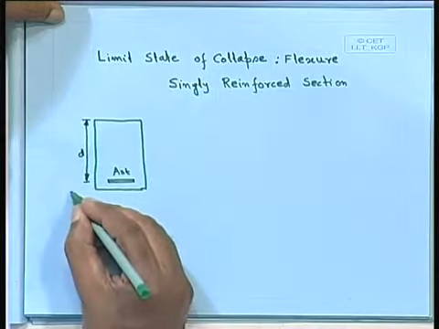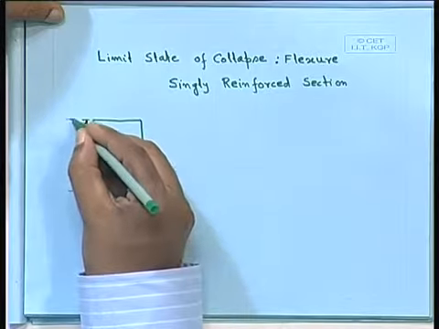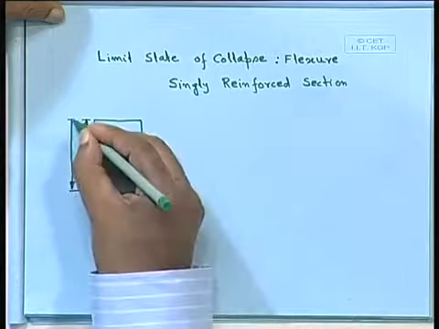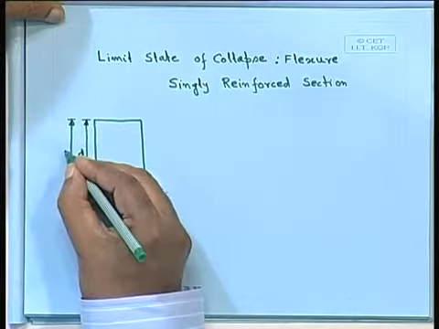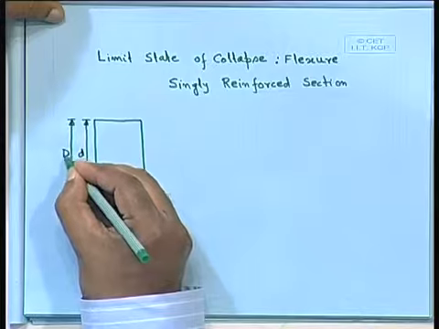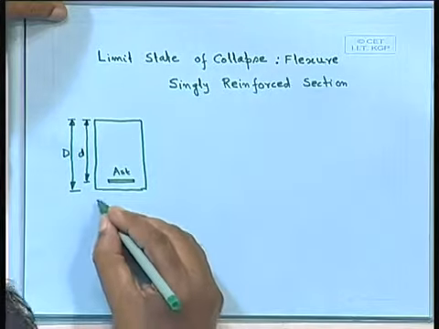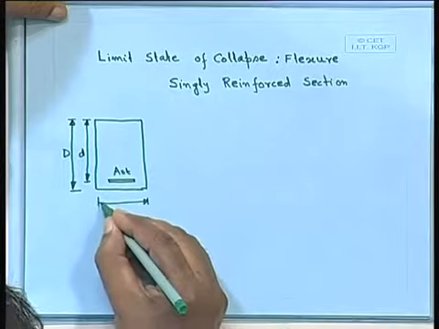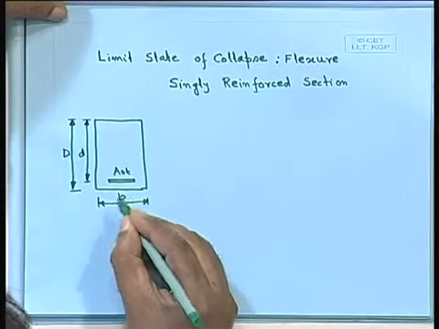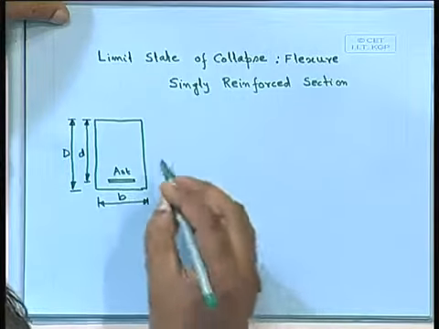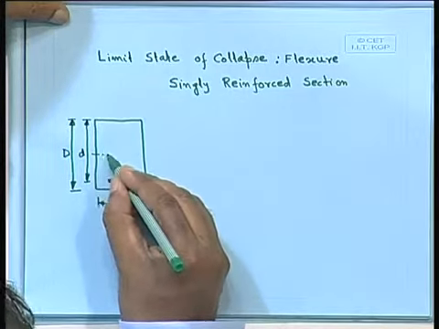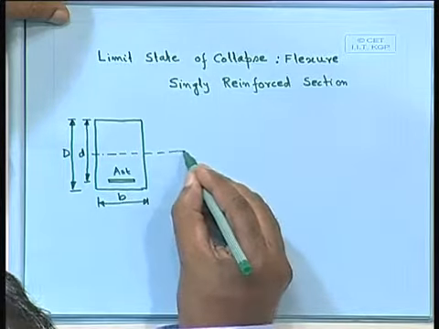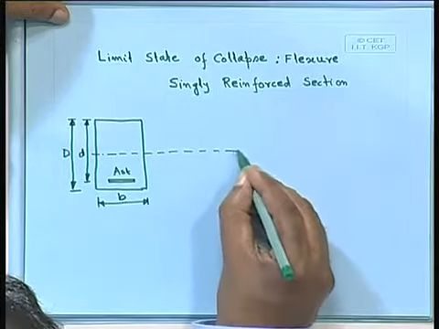Though we do not need capital D right now, let us write it down for completeness, this is your capital D. We have the width of the beam, small b, and we should have the neutral axis.